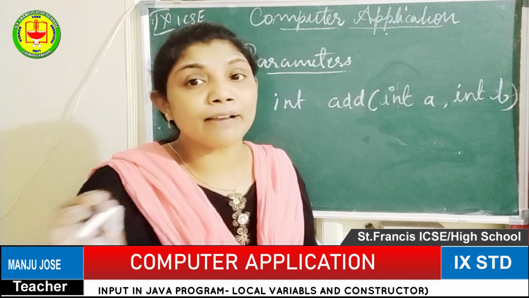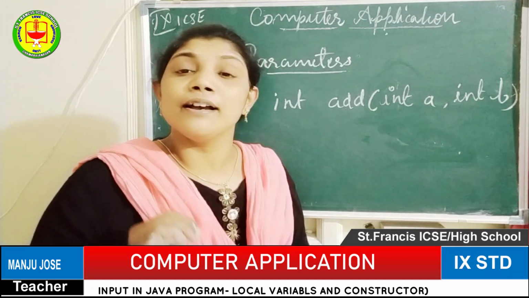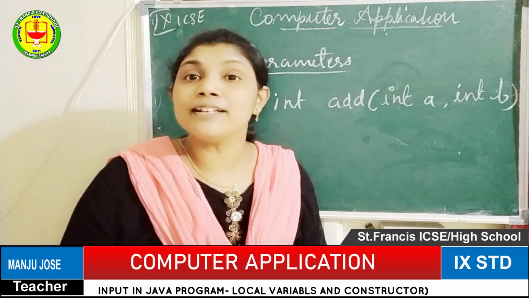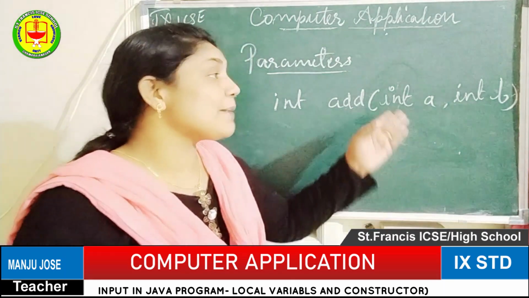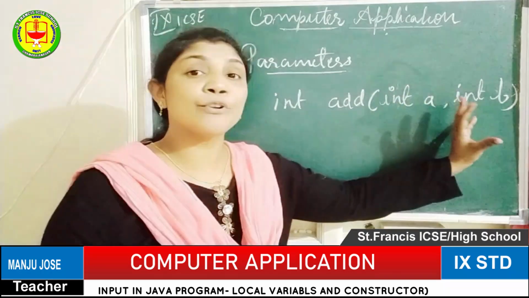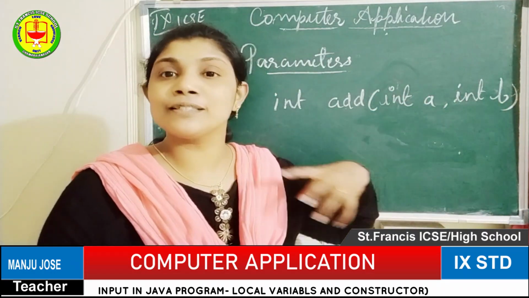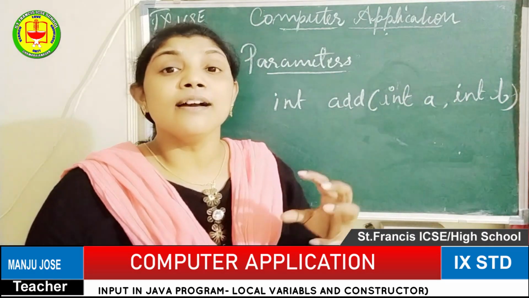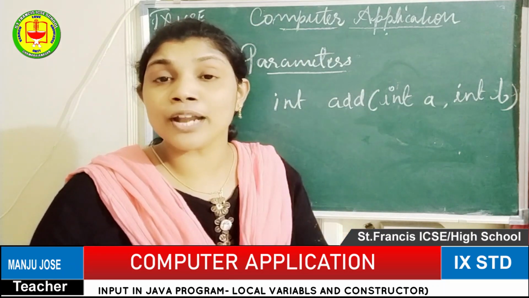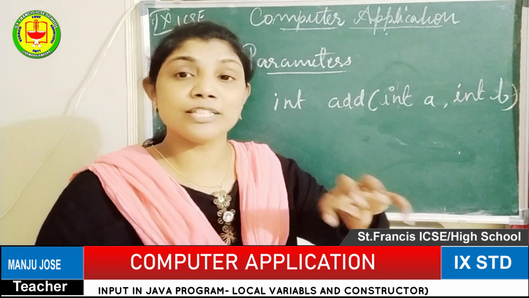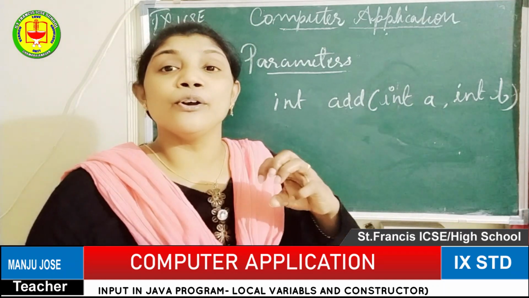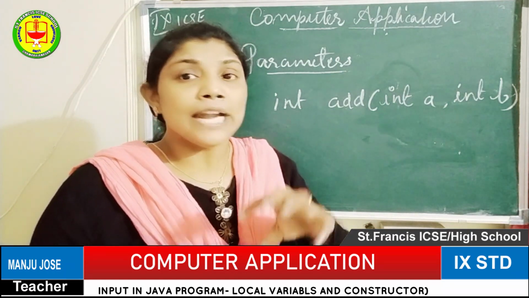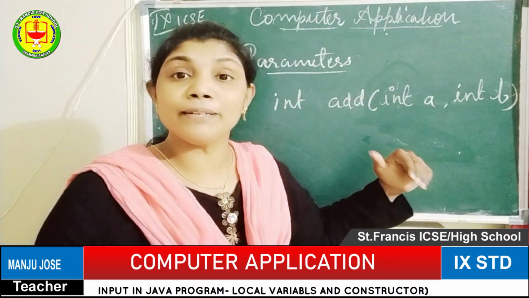Each and every function has parameters. The speciality of parameters is that sometimes the same data types are used. How many variables you need depends on the user, that is, on which kind of program we are doing, which function we are declaring or implementing. Depending upon that, the number of parameters will vary.